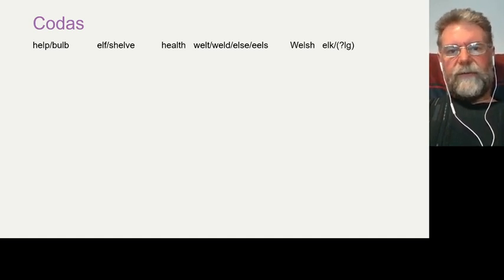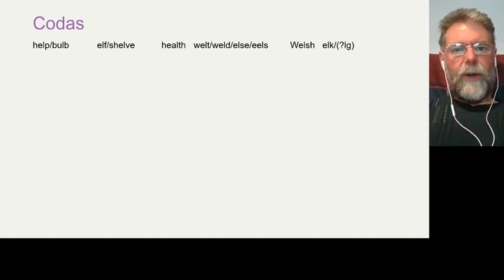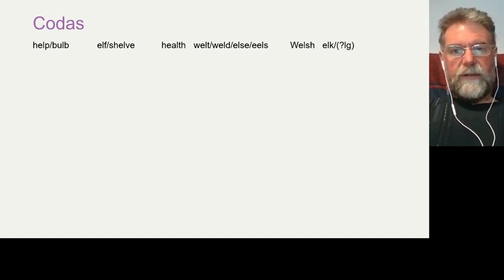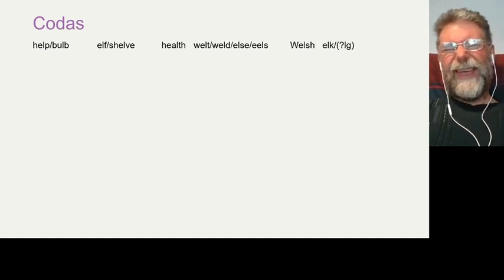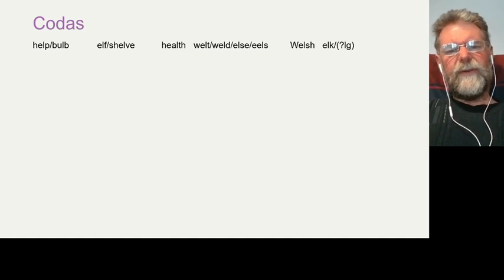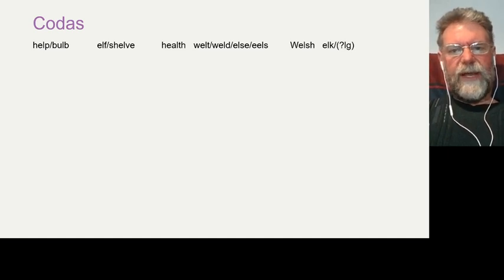You can get l in front of a t and a d and an s and a z, as in welt and weld, else and eels. You can get it in front of a sh, but not a j, and again that's hardly surprising given that j itself is rather restricted in terms of its distribution. And you can get it in front of a k, elk, but not in front of a g. There's no ulg possibility of combinations.